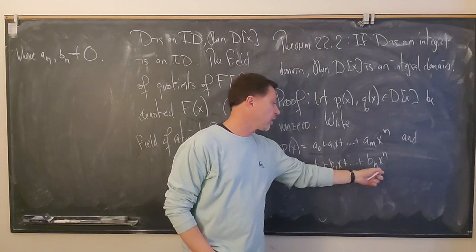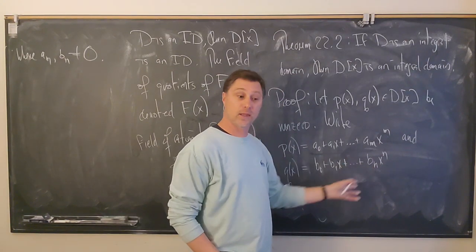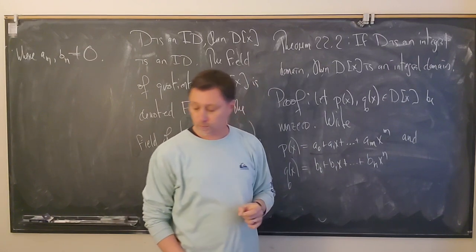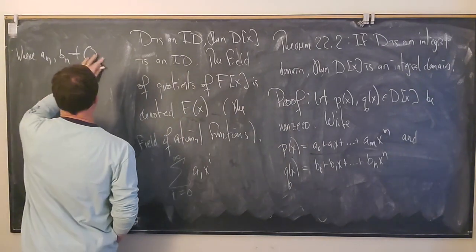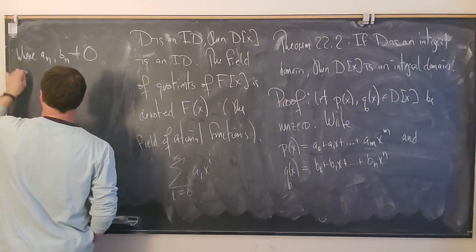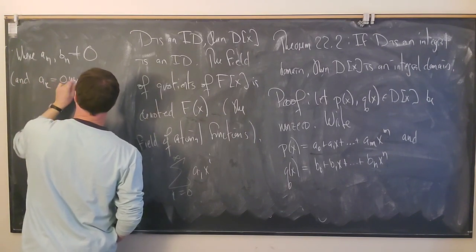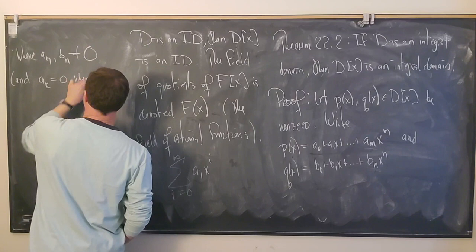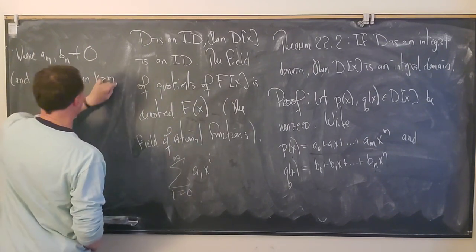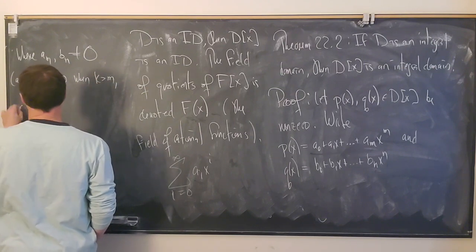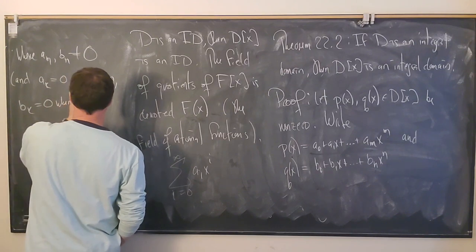Same thing here. Every coefficient with subscript greater than n in the polynomial q of x is equal to 0. In fact, I could say this in parentheses: a sub k equals 0 when k is greater than m, and b sub k equals 0 when k is greater than n.